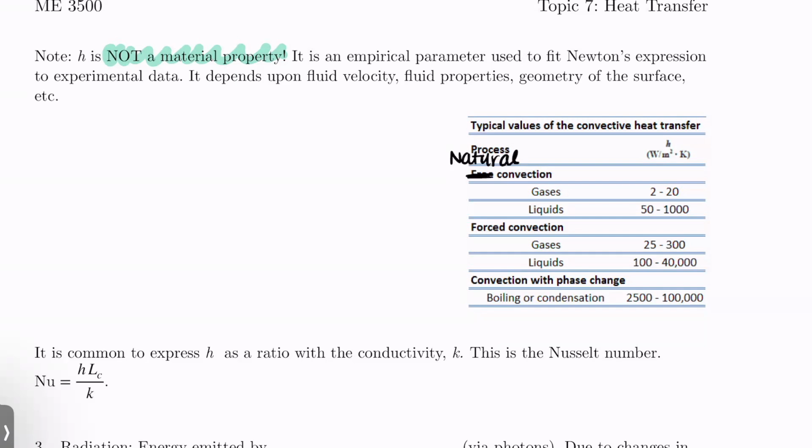So we're going to consider heat transfer at the outside wall of a building.